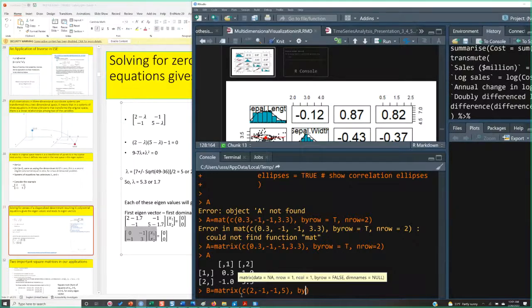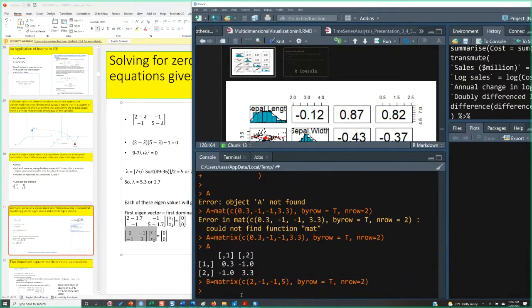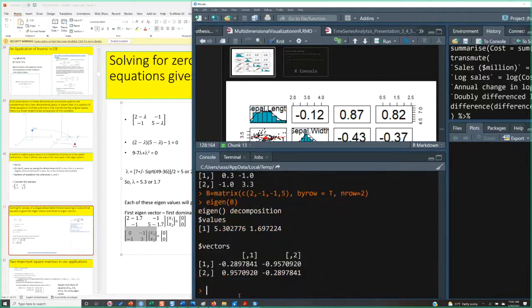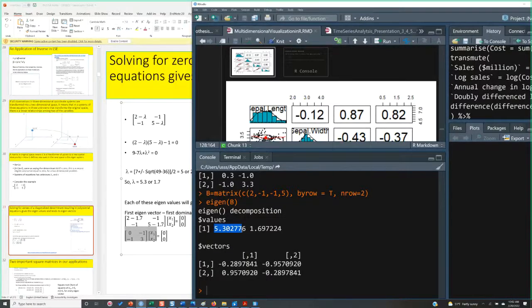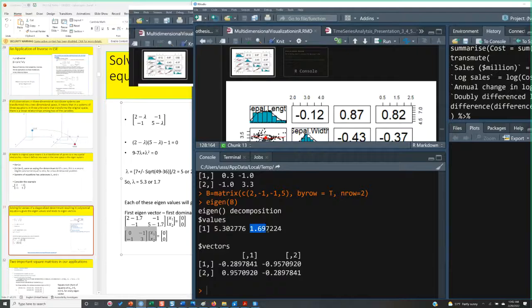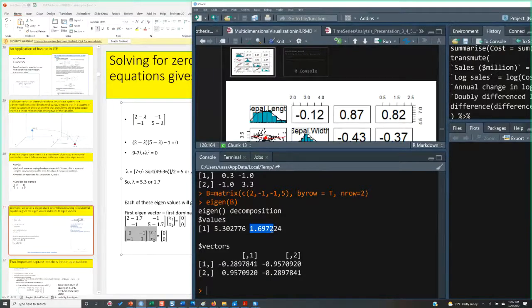By row, nrow is equal to 2. So the command is very simple. eigen(B), that's all. And what did it do? Look at this. One eigenvalue is 5.3. Another eigenvalue is 1.7. And these are the lambdas.